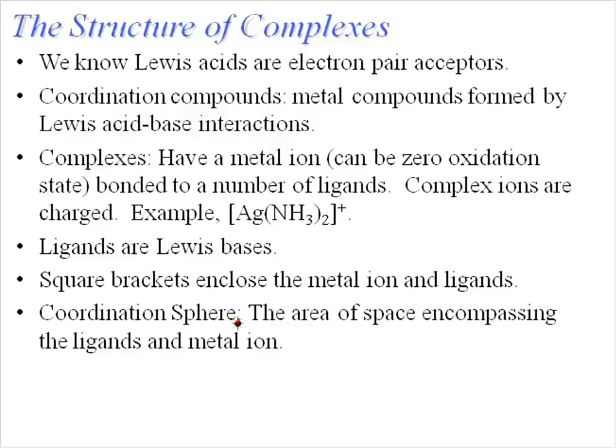Coordination sphere, that's the space encompassing the ligands and metal ion. And I was saying something can come in, something can go out, and that should make a difference. There you are.